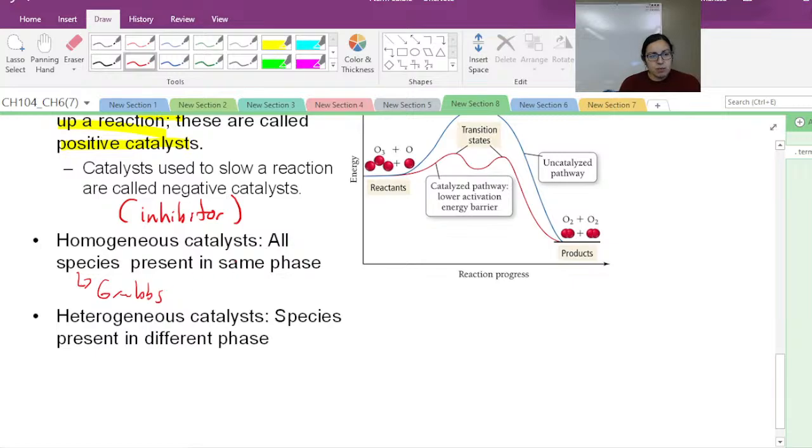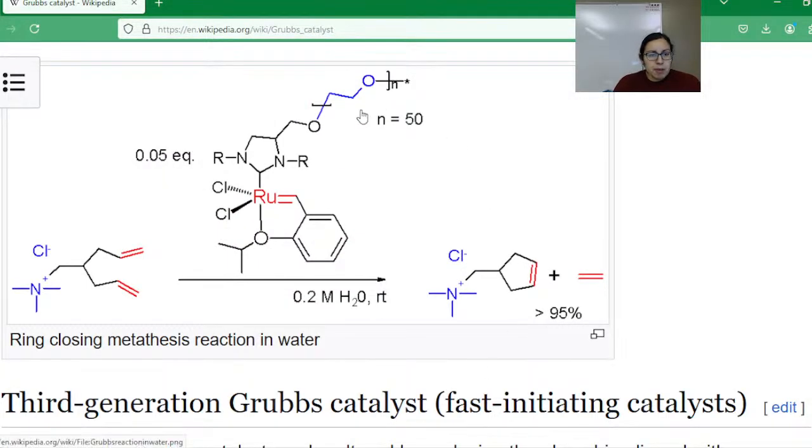With homogeneous catalysts, they're all in solution, or they could all be in the gas phase, obviously, but generally this is solution chemistry. So you can think back, it's similar to how these Grubbs reactions would work.